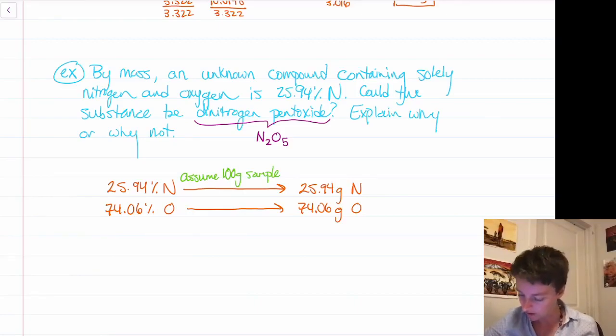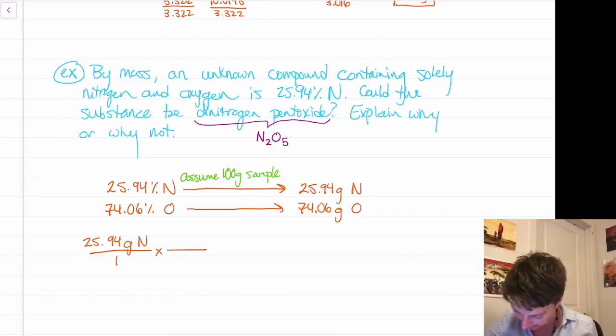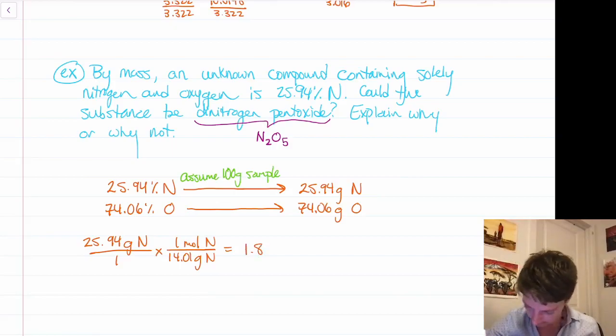All right, so for my nitrogen portion of the sample, how I convert grams to moles is I start off with my 25, almost 26 gram sample. And looking at my periodic table, I see that there is 14.01 grams of nitrogen for every 1 mole of nitrogen. Plugging that into my calculator, that translates to about 1.8515 moles of nitrogen.